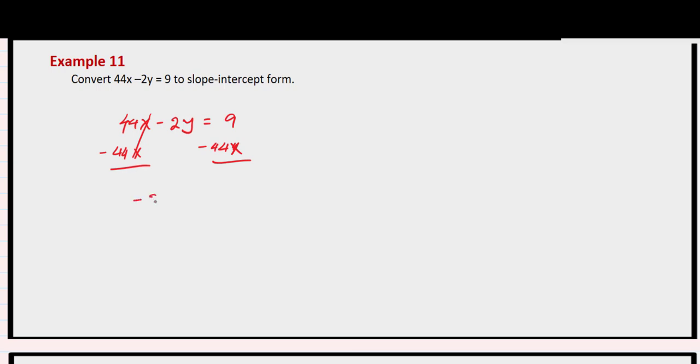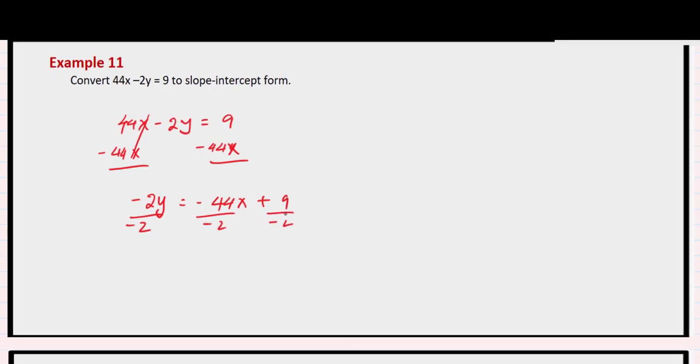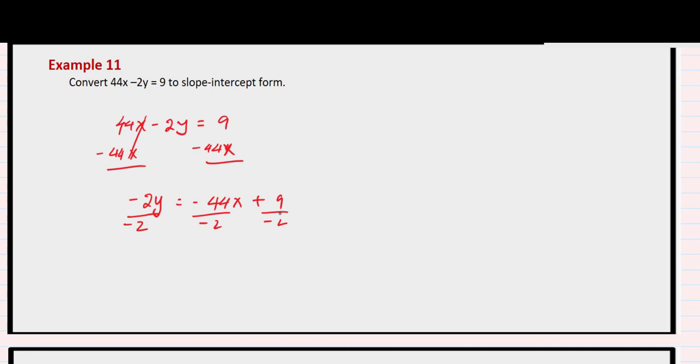This cancels out. I have negative 2y equals negative 44x plus 9. And what I'm going to do is divide all of them by negative 2. Y equals 22x minus 9 over 2.